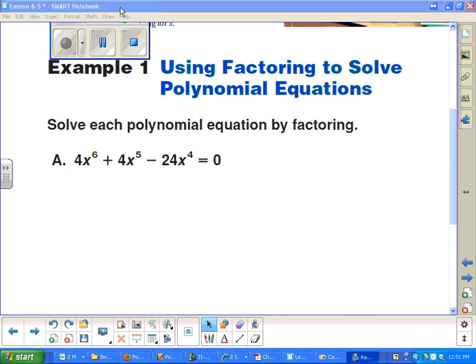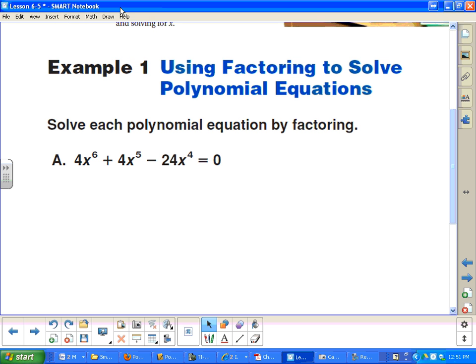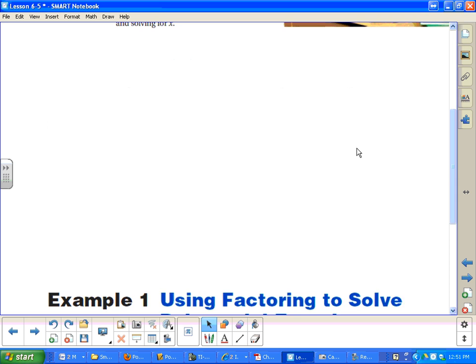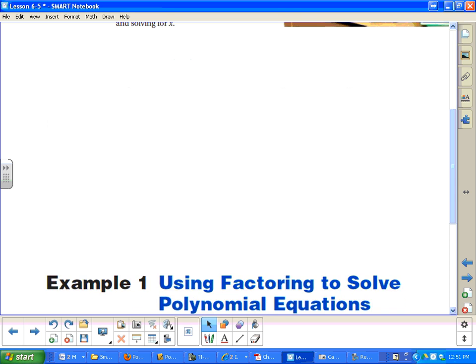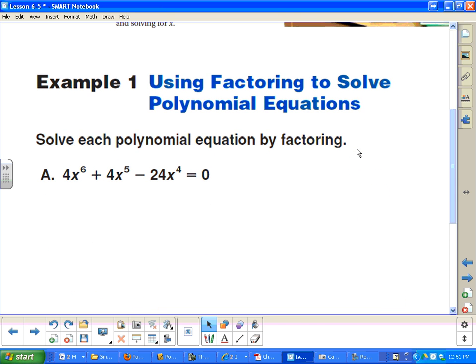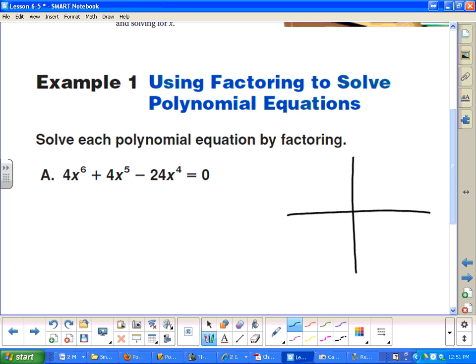Okay, so your graph then, oops, doesn't look like that. So what do you get for zeros? Where does it cross the x-axis?